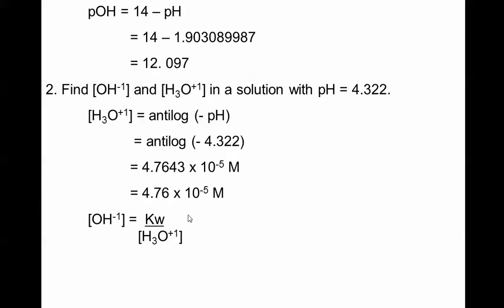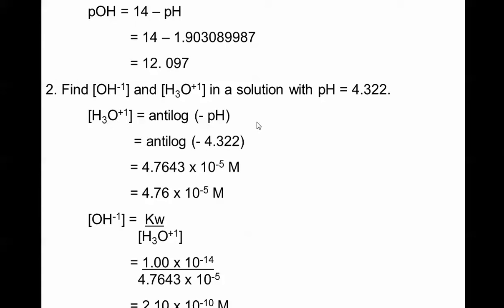So you just put Kw over the concentration of the acid, like so, and you will calculate the concentration of OH ions in solution, because Kw is always the Keq equation for water. So water has to maintain that concentration. Then you have 2.10 times 10 to the negative 10 molar OH ions in solution. So they're both there, just in different concentrations. And we have done that example as well.